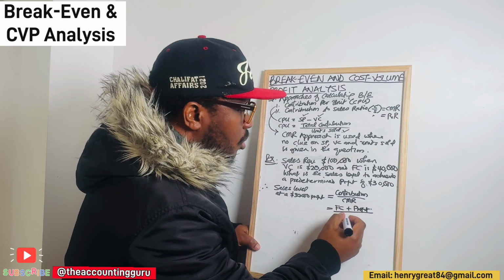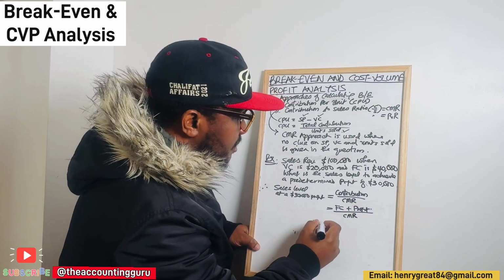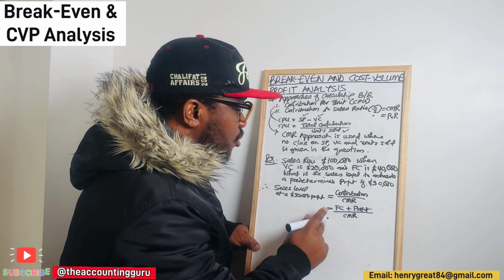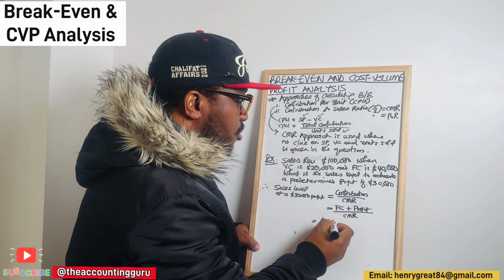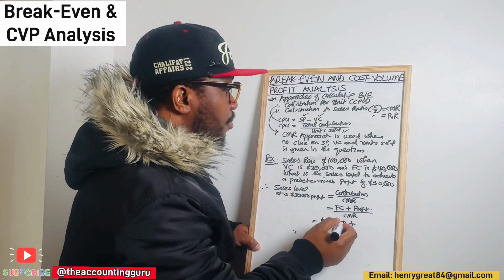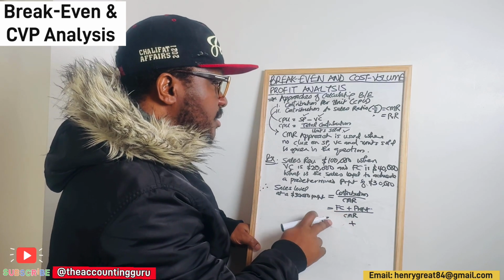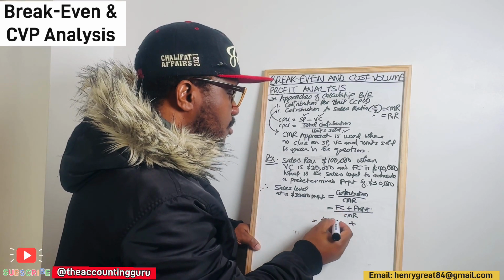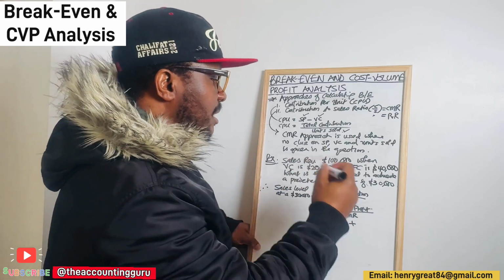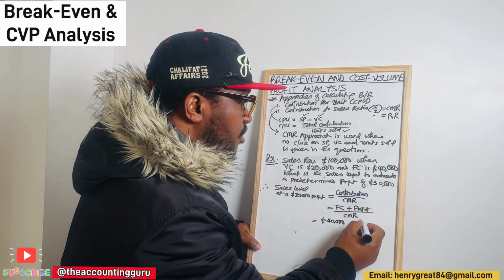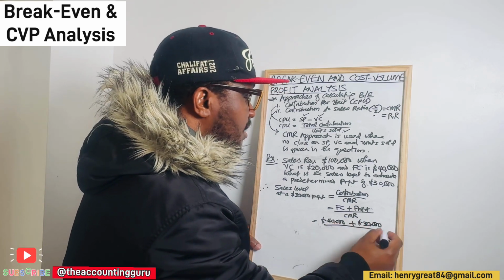Our fixed cost in this question is given as $40,000, while the predetermined profit is given as $30,000.